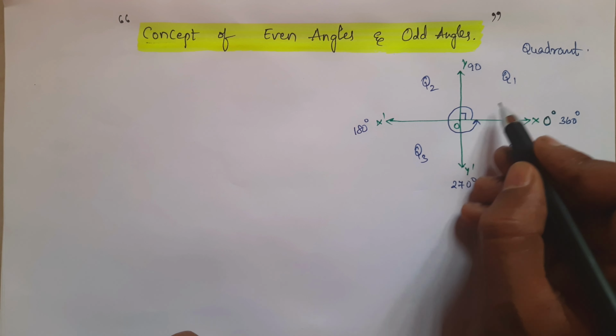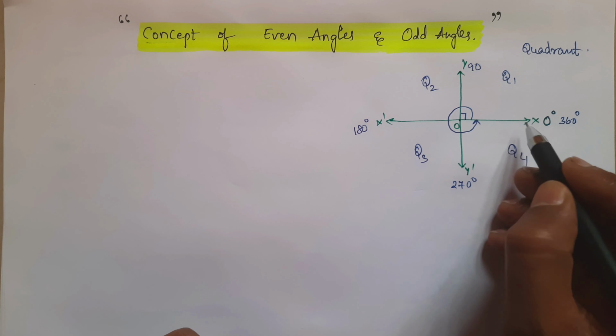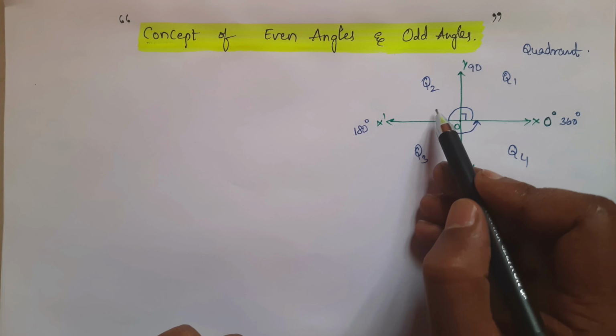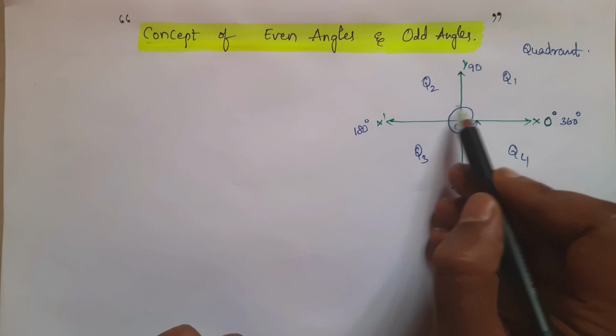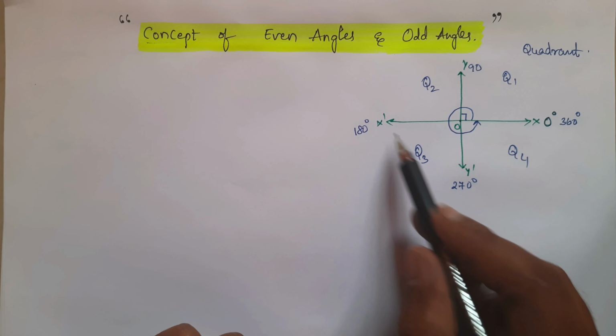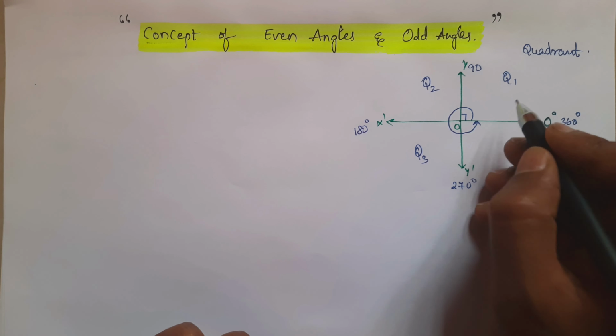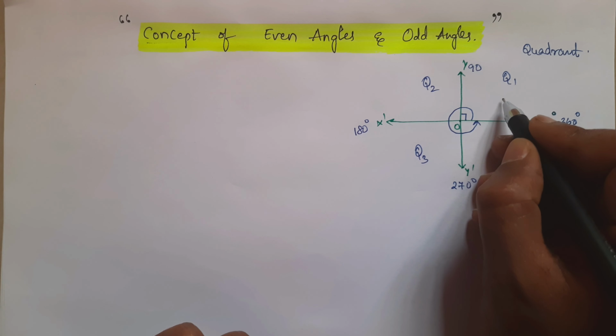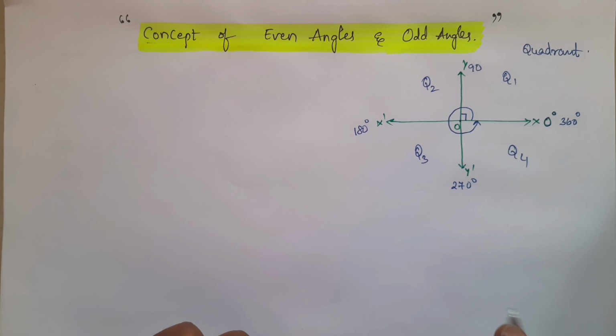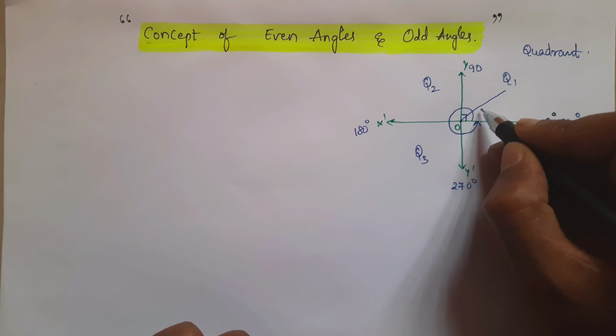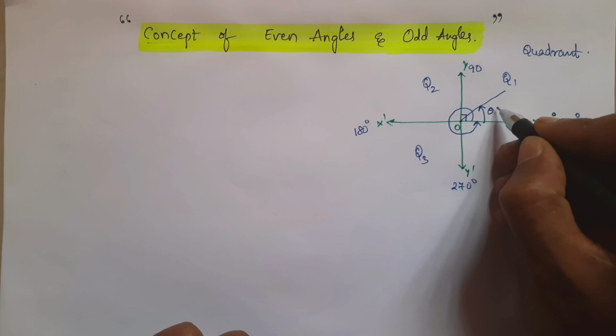And then in the first quadrant, the angle lies between 0 to 90. In the second quadrant, wherever you take a line, the angle lies between 90 to 180. This is 180 to 270 and this is 270 to 360. And in the first quadrant, if you take any trigonometric ratio, for example like this, here the angle formed is theta.